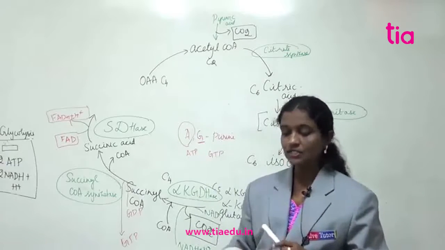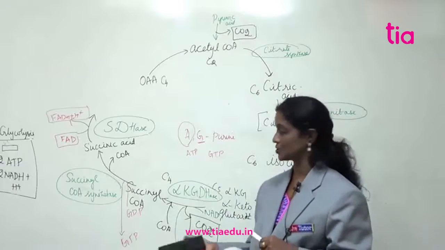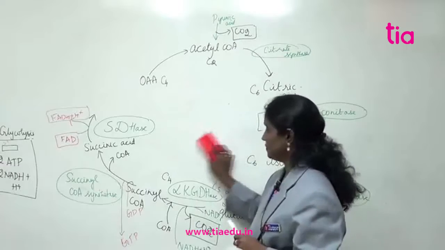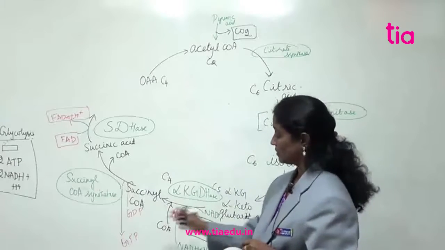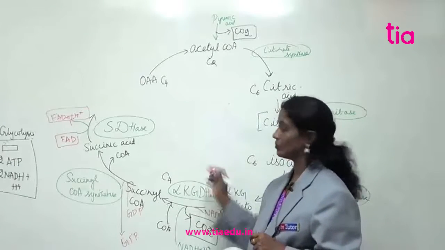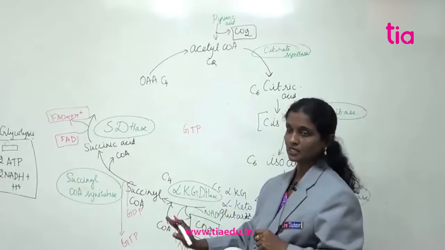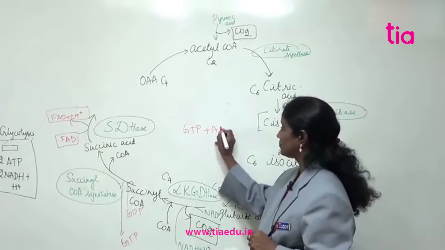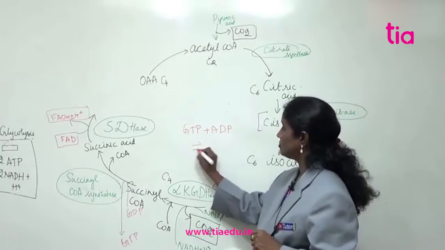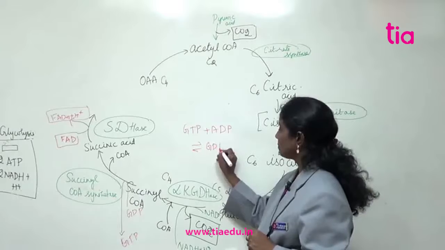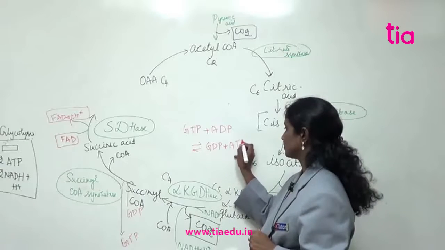Here it is GTP which is formed at this juncture, where we can even stop with GTP, or we can convert the GTP into ATP. Keep in mind, GTP is formed in this step, plus ADP will form GDP plus ATP. You understand?